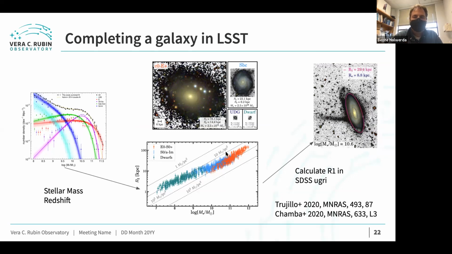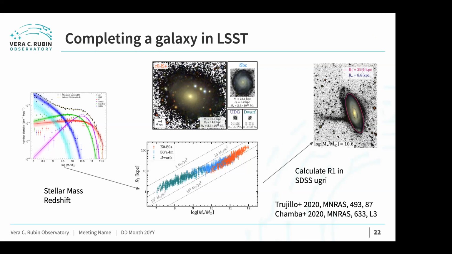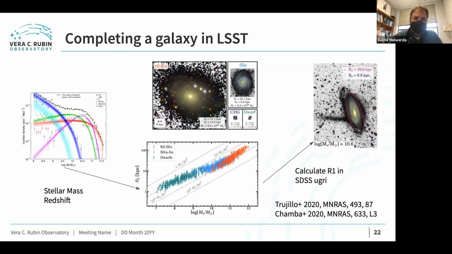That sort of information is probably when you hit that R1 radius, and which filter depends on what the cadences are. The middle figure should show you that R1 is actually good for anything from ellipticals to spiral galaxies to ultra diffuse. So that is the idea.